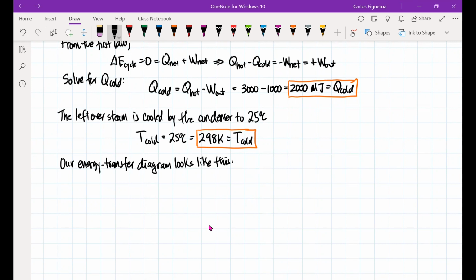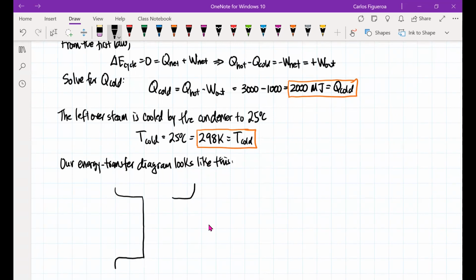I have a hot reservoir, and some of the heat is going from the hot reservoir into the cold reservoir.